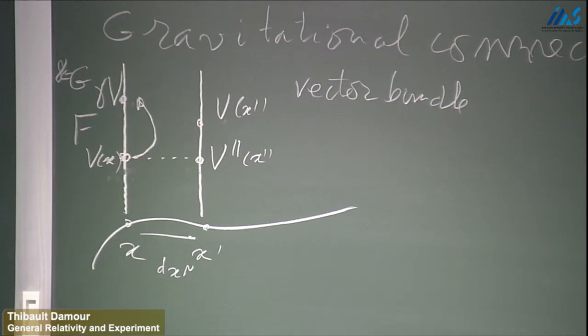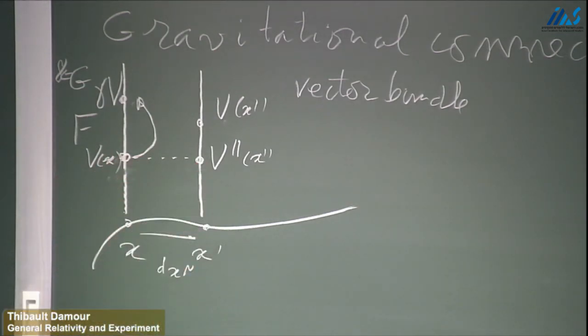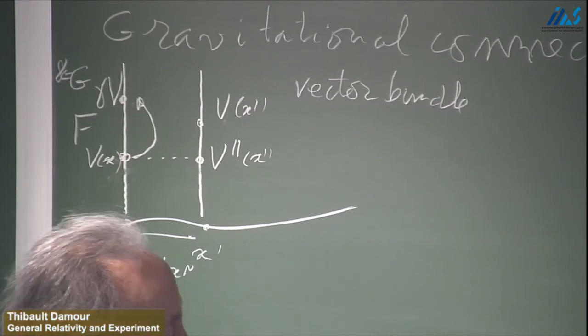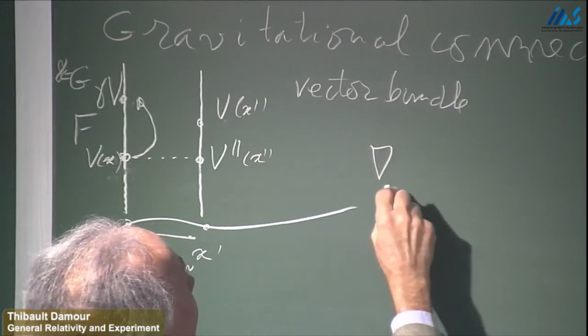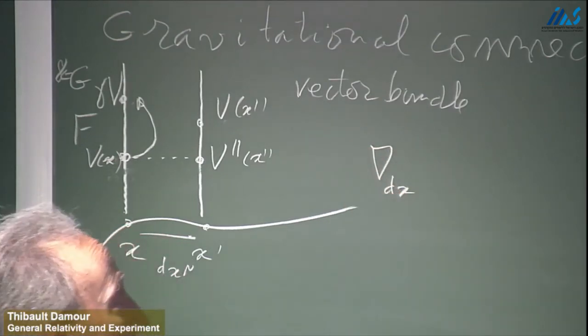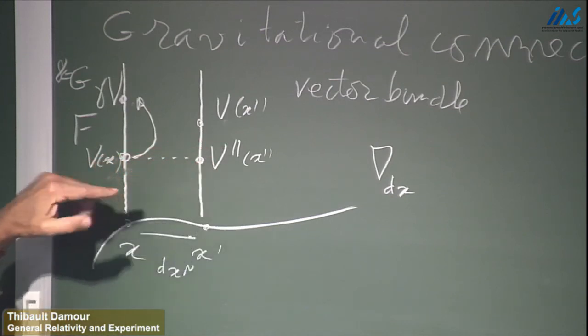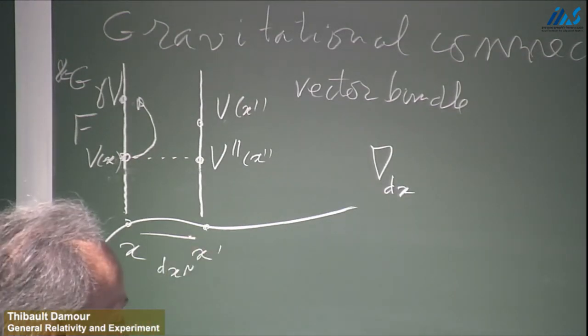So to be able to make the difference between vectors in two different vector spaces, I need a way to say which point here corresponds to which point here. And this is called the connection. Technically, at the end, I will define what is called the covariant derivative of a vector field in an infinitesimal direction dx mu in some coordinates.